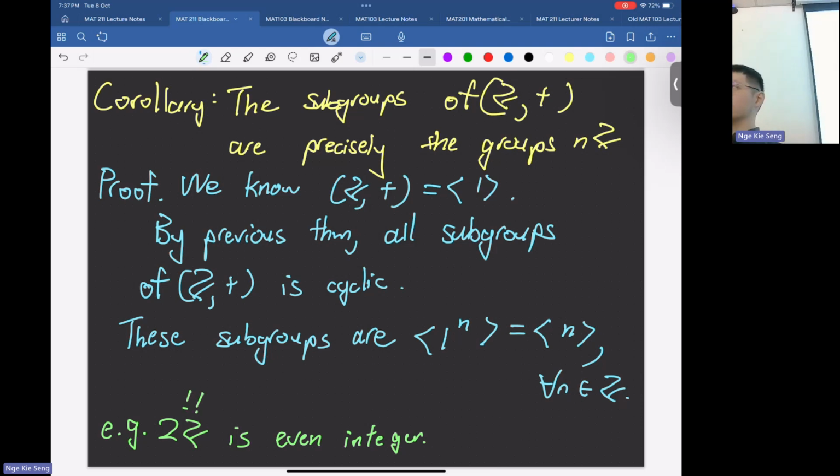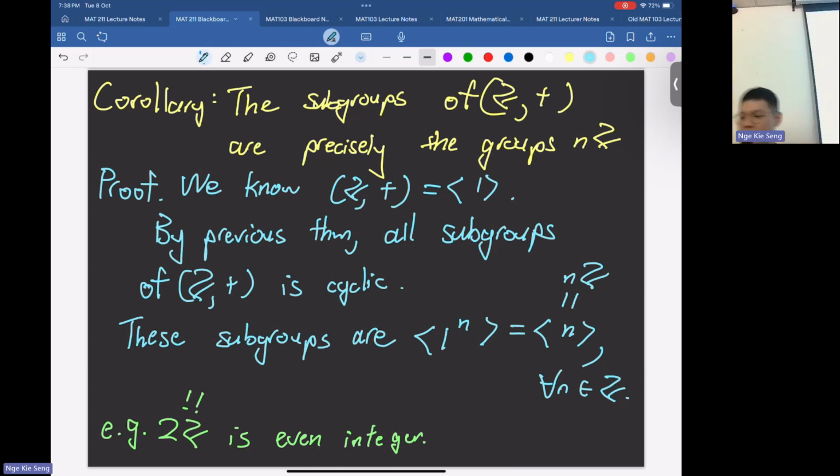It's a very honest notation. Seriously, how do you think of an even integer? 2 times all the integers. So it will be a multiple of 2. If it is n, then it's a multiple of n. So this one is nZ.